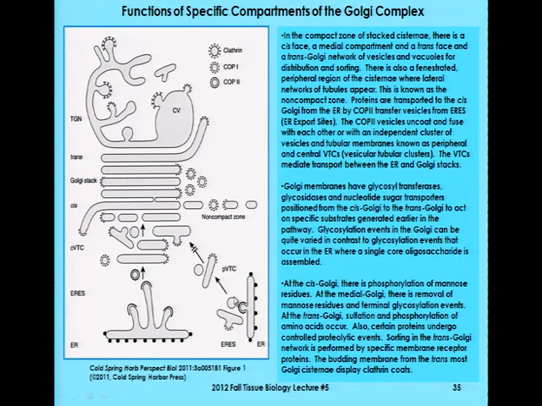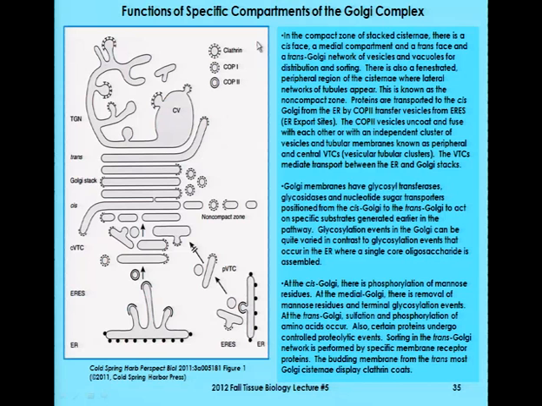The vesicles that are directed from the ER are coated with COP2 and make their way towards the cis side of the Golgi, and they uncoat, and they either form clusters themselves or will fuse with the vesicular tubular clusters.